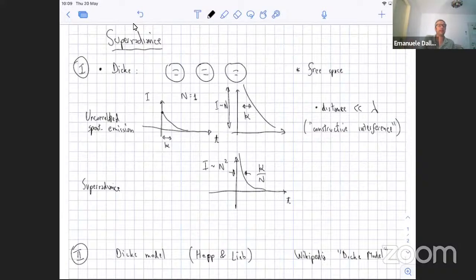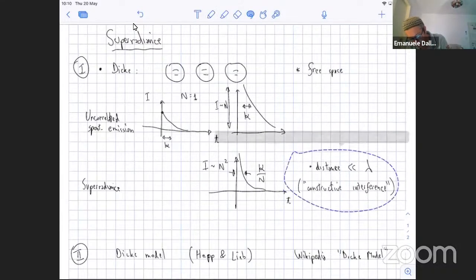But in general, this is not the case. In general, if you just have a gas of atoms spread over a large space, the distance will sometimes be lambda over 2. So constructive and destructive interference average out, and you end up with uncorrelated spontaneous emission. Actually, let me drag this condition down. So this is what happens in the case of superradiance. If instead the distance is much larger than lambda, then you have just normal, uncorrelated decay events.